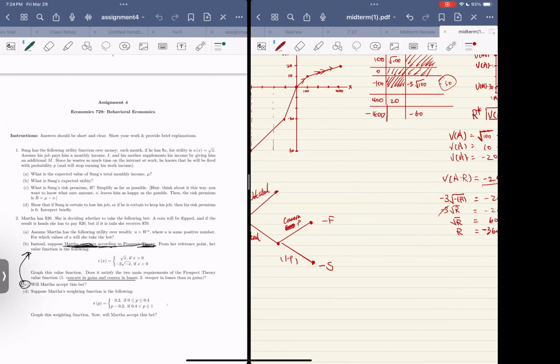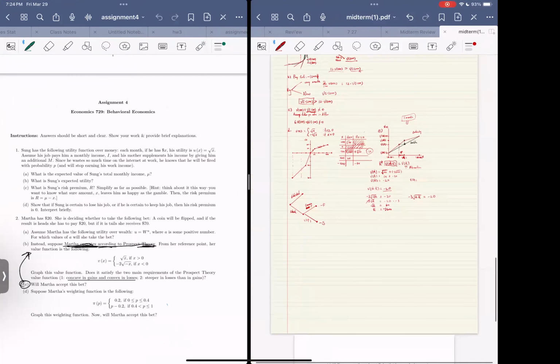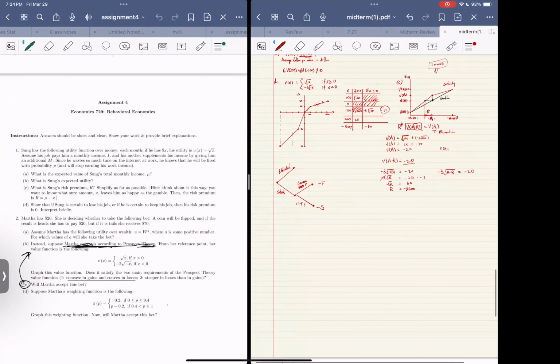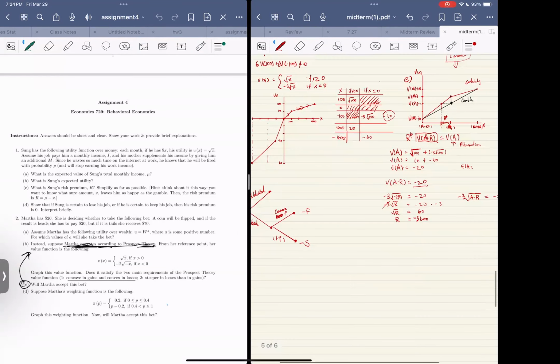Okay, maybe since we haven't got an hour, let me just go over question 1 with the risk premium, because I actually have a good intuitive way to get the R value, better than whatever I'm working on.